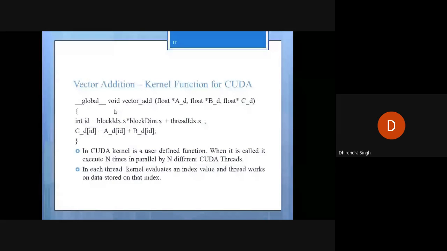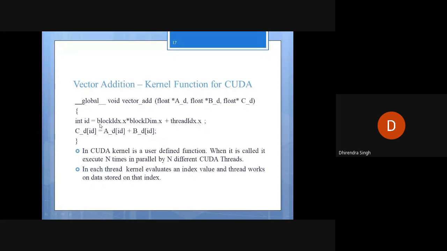Inside a block, every thread will have a unique ID, and that will be accessible by threadIdx.x.